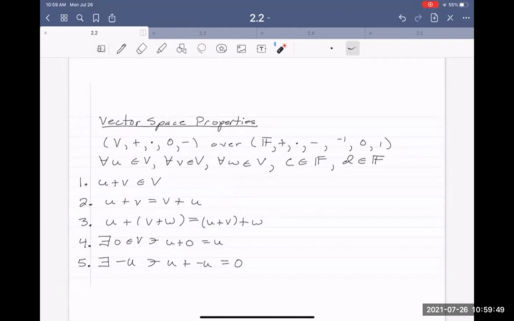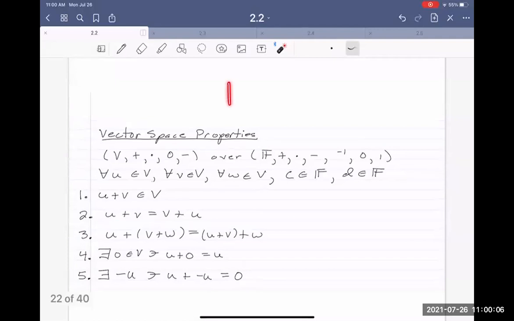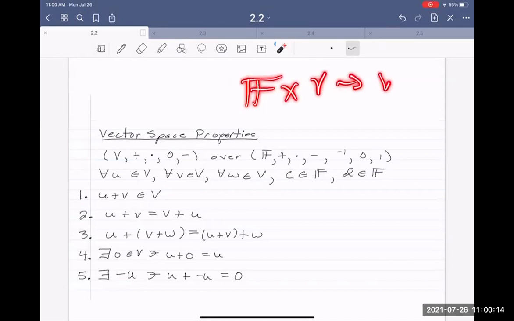So there's a binary operator of addition. There is scalar multiplication. Scalar multiplication takes a member of your field, Cartesian product with a member of your vector space, and gives you a member of your vector space.